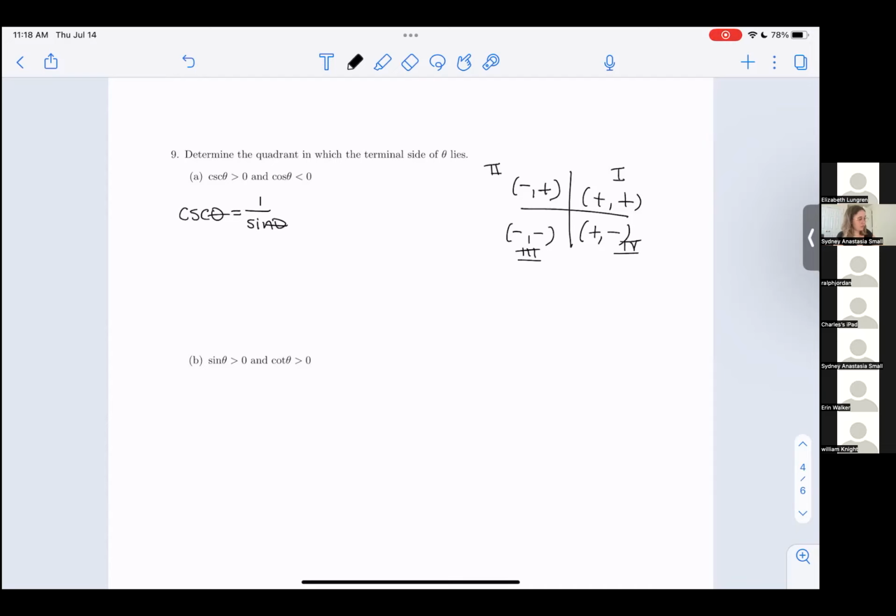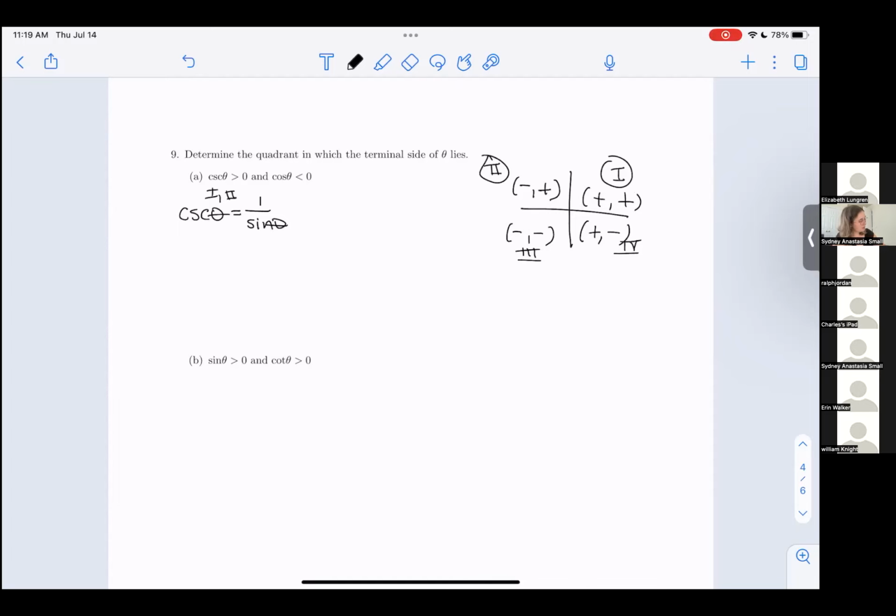That's how we figure out if the sine is positive or negative, whether we're in a positive or negative quadrant for y values. So where is cosecant positive? In other words, in which quadrants are our y values positive? Quadrant 1 and quadrant 2. So this is true in quadrants 1 and 2.